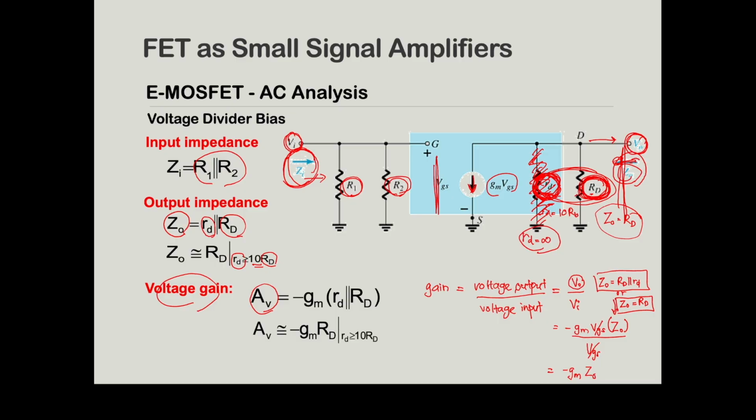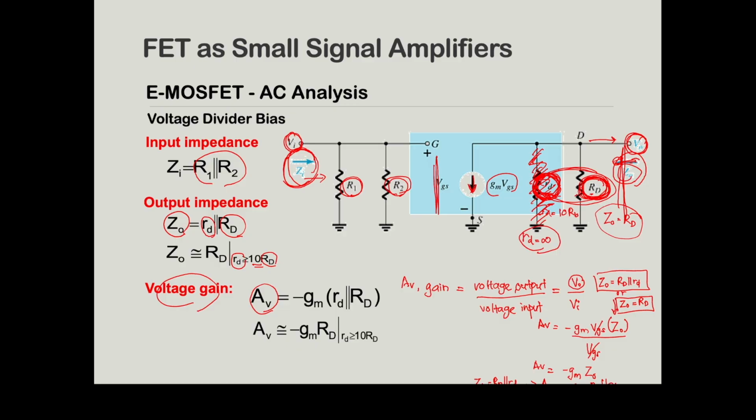If your Z out is rd parallel with RD, then your AV will become negative GM times rd parallel with RD.